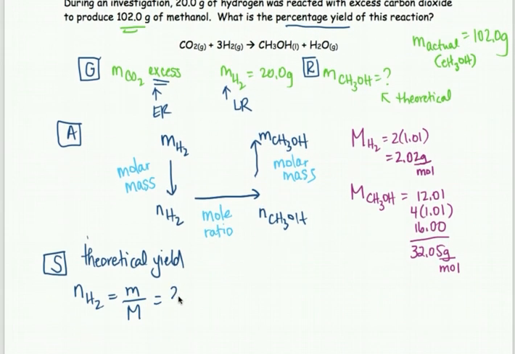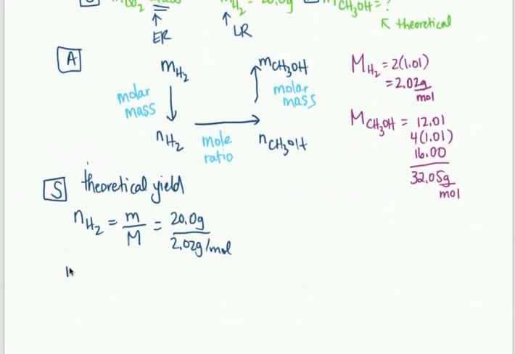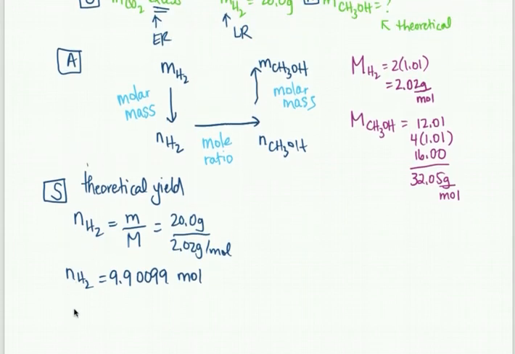Okay, so we have 20 gram sample here, dividing it by our molar mass of hydrogen. Okay, and then we end up with an amount of 9.90099, okay, moles.